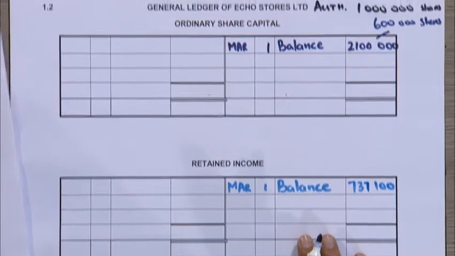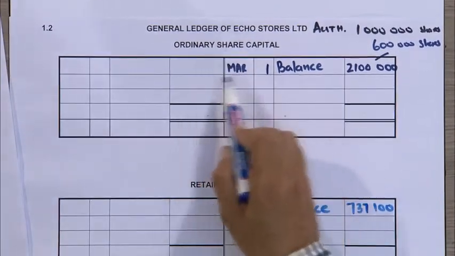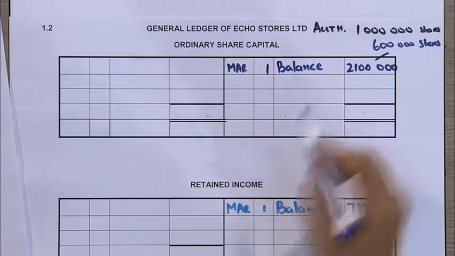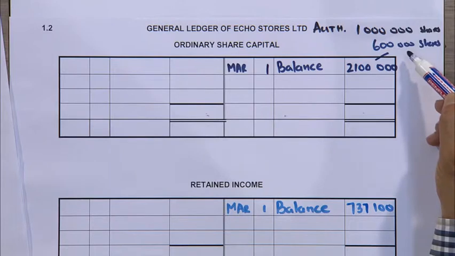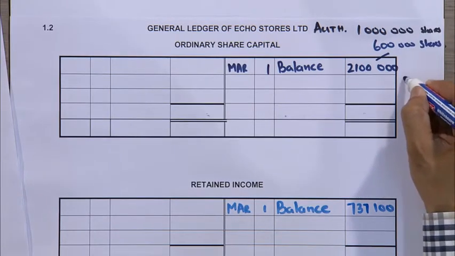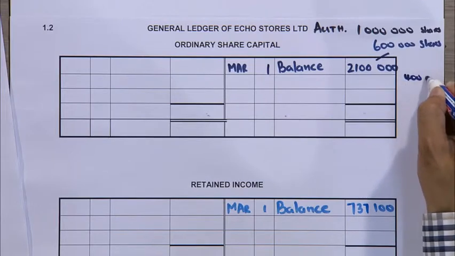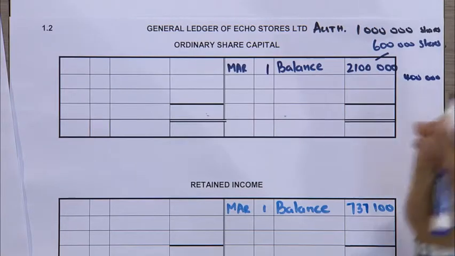So when we do the entry, grade 12, okay, it's going to go in the ordinary share capital account. Remember, authorized was 1 million. We already issued 600,000. So now we're going to issue the extra 400,000 that we have left. And it's going to be issued at 5 Rand.